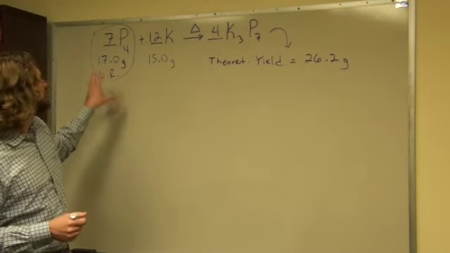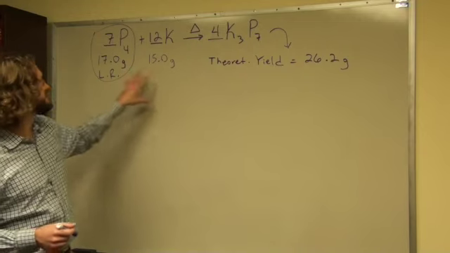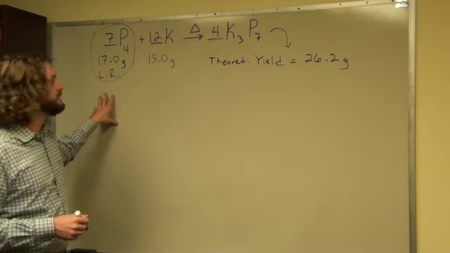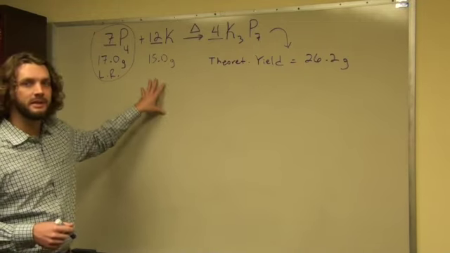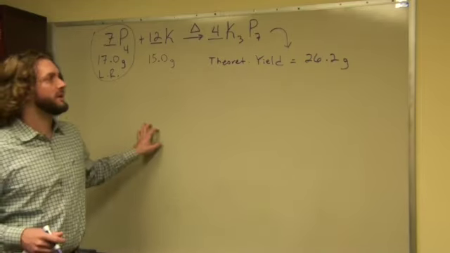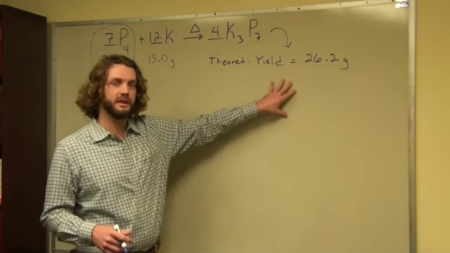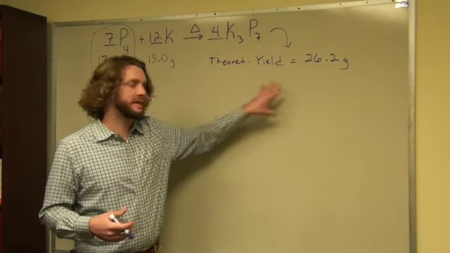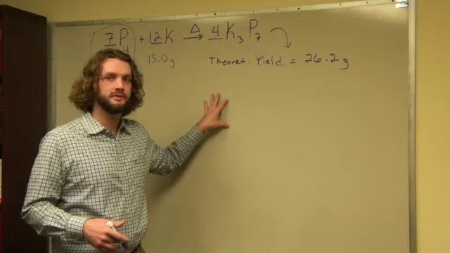So again, we combined these two amounts of reagents, found P4 was limiting, so we want to know how much potassium is in excess. There's actually a couple ways we could go about it now that we have the theoretical yield of K3P7 calculated. So I'm going to show you each of these methods simultaneously.